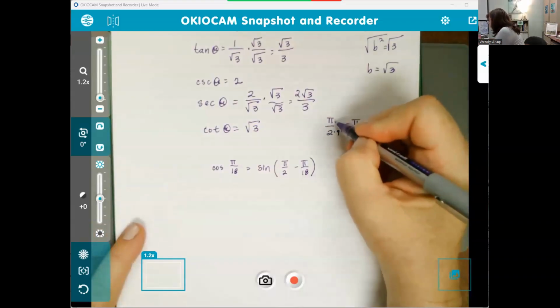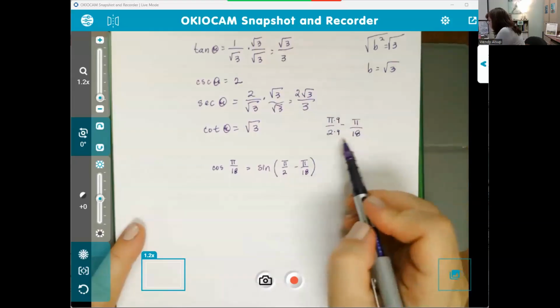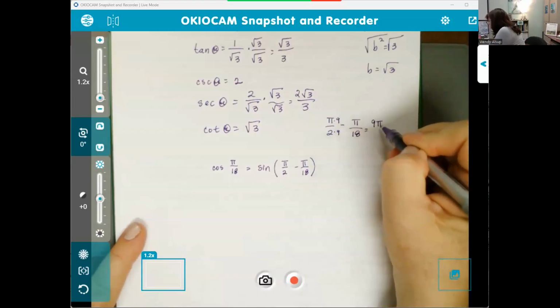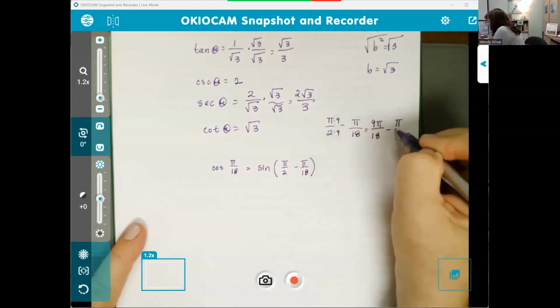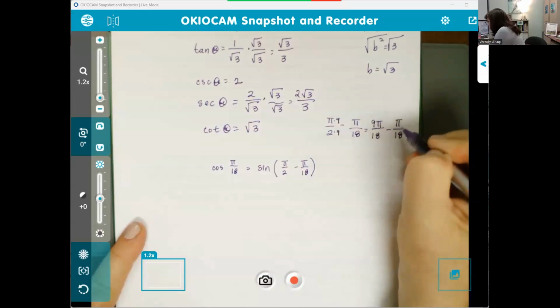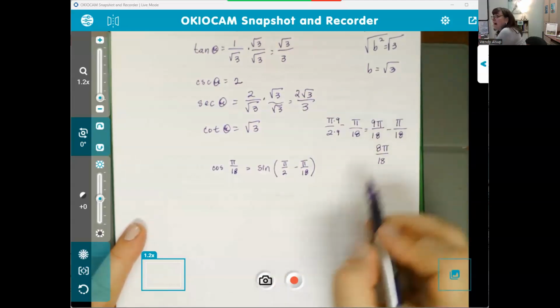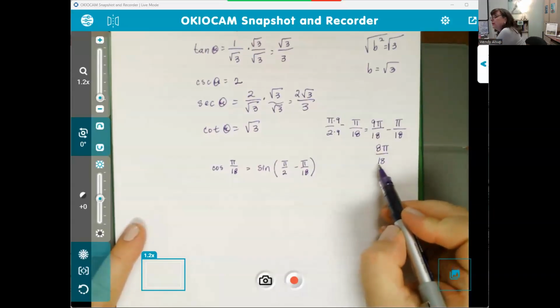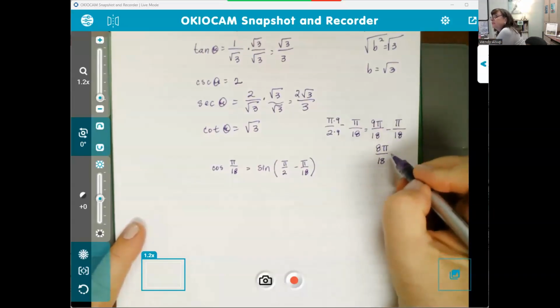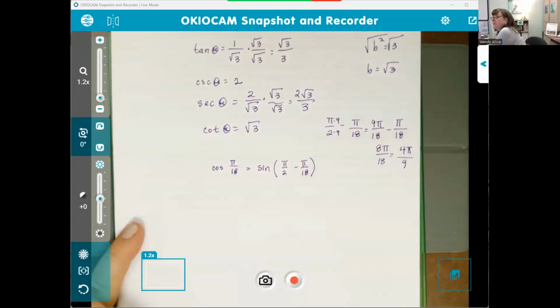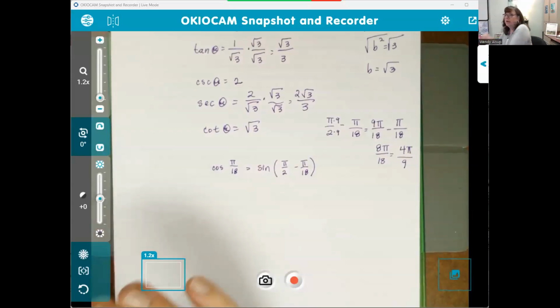So we have to multiply the top and the bottom by 9 to get a common denominator. 9 pi over 18 minus pi over 18 is 8 pi over 18. But I have to reduce. Divide them both by 2. 4 pi over 9.